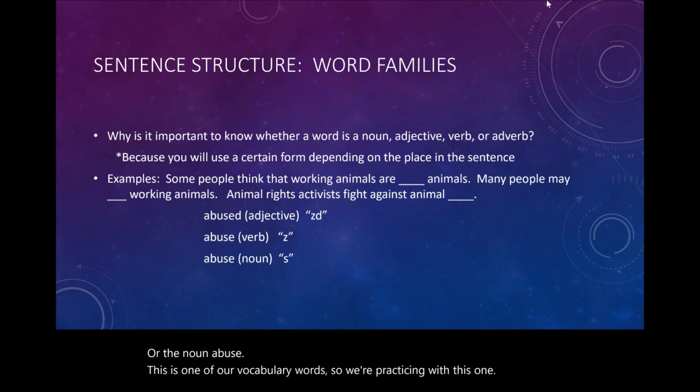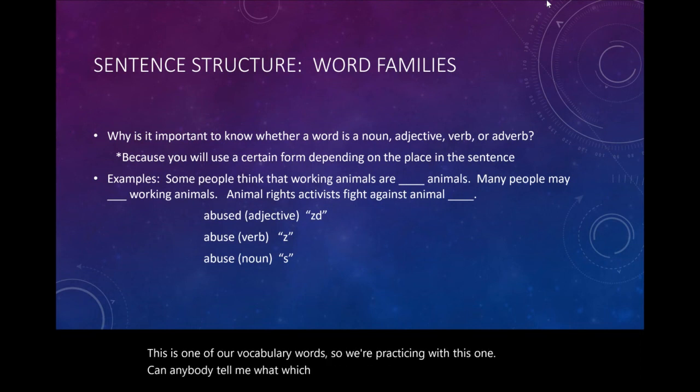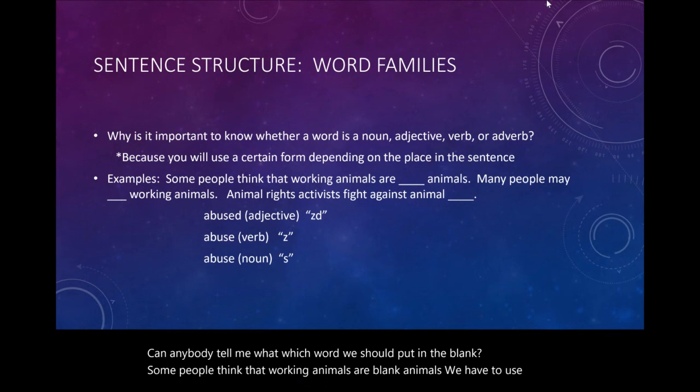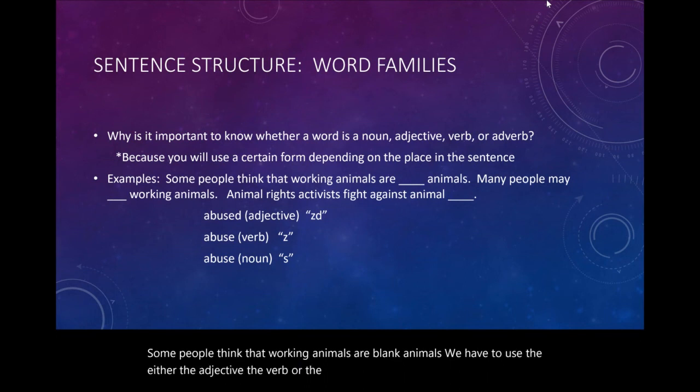Can anybody tell me which word we should put in the blank? Some people think that working animals are blank animals. We have to use either the adjective, the verb, or the noun. Which one should we use here?